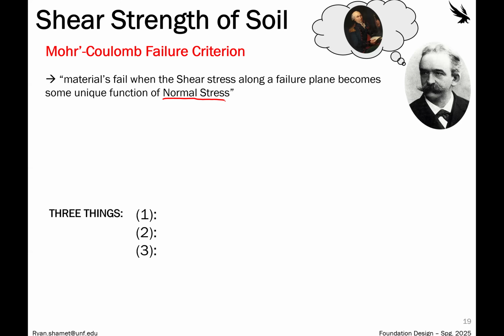So this is the physics side of it. Essentially what we're saying is that if we have this plane or this frictional surface, the shear stress is the resistance to roll down this surface. And as we change the normal stress, this shear stress is going to change as well.